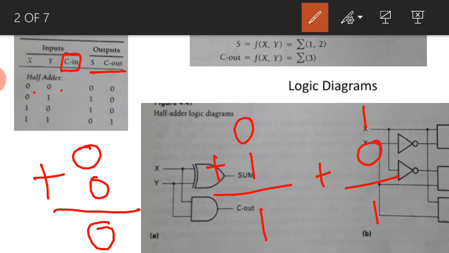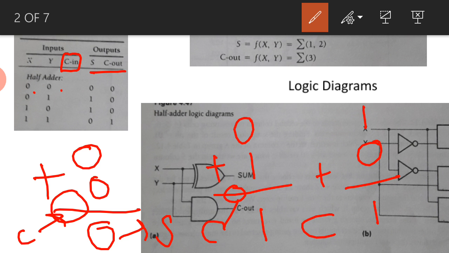Here what we are representing is the sum. What about the carry? None of the bits are generated here, so carry is 0 in all 3 combinations: 0 plus 0, 0 plus 1, and 1 plus 0.